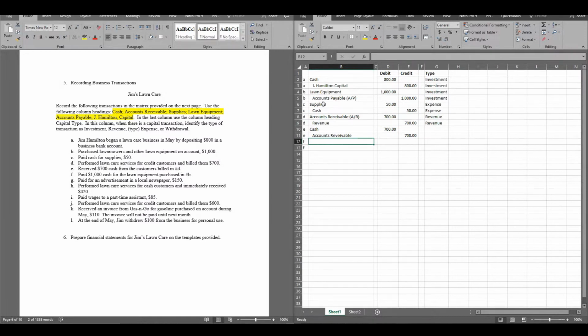Notice when we initially entered this entry, accounts payable was increased with a credit entry because it's a liability. So then to decrease it, we need to debit it. We need to debit accounts payable for the same amount because we're paying $1,000 cash. And to reduce our cash, we need $1,000 here.